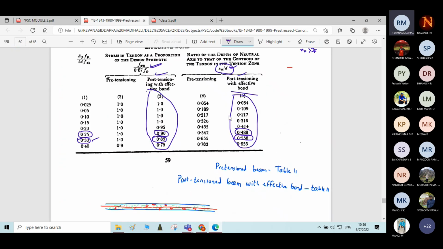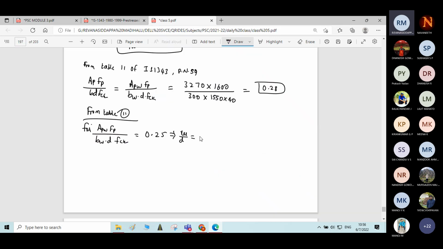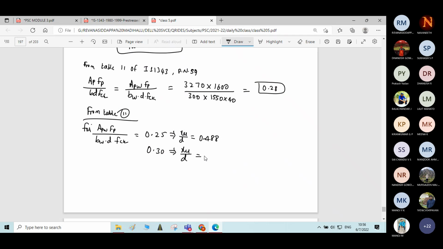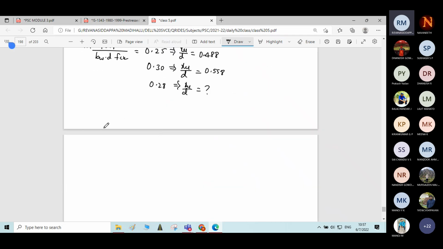Here we have 0.488 for 0.25, and for 0.30 corresponding XU by D we have 0.558, but we need the value for 0.28. XU by D is equal to question mark. Now by interpolation you can get this value.